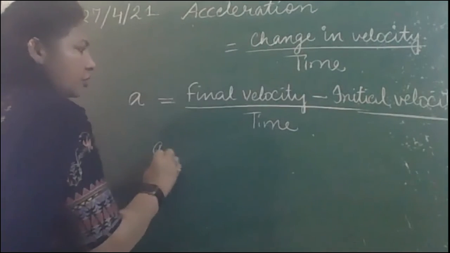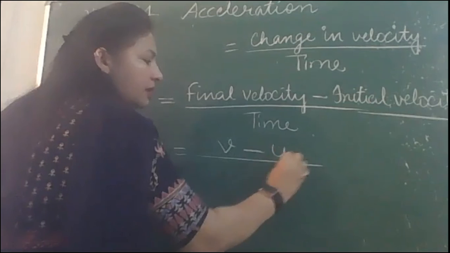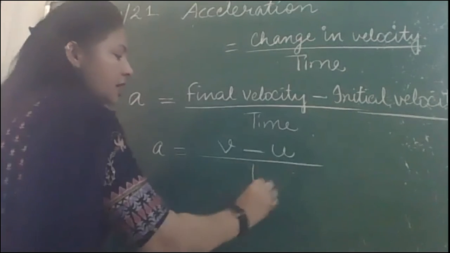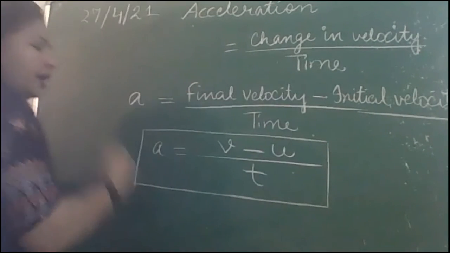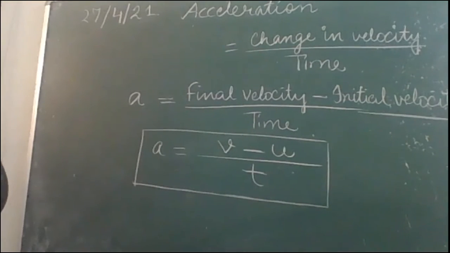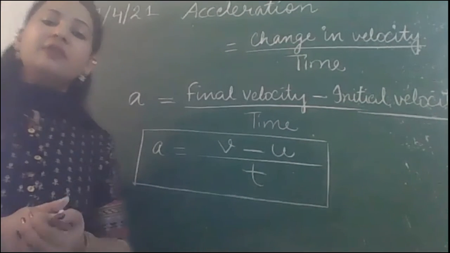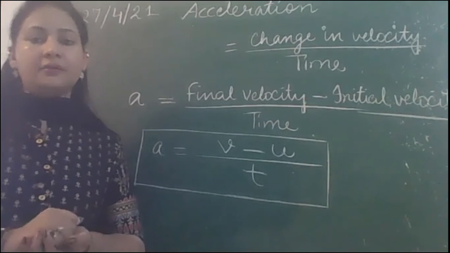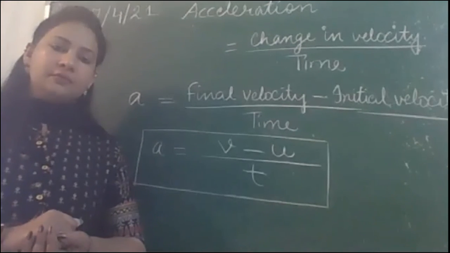And I just told you we use V symbol for final velocity and U symbol for initial velocity always. So this becomes the formula of acceleration. A is V minus U over T. So always remember this formula of acceleration. It is V minus U divided by T. This is your formula of acceleration.